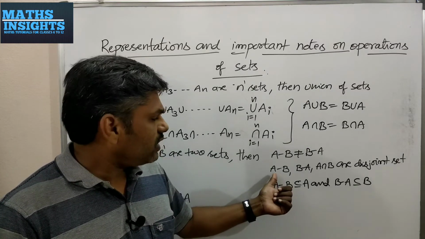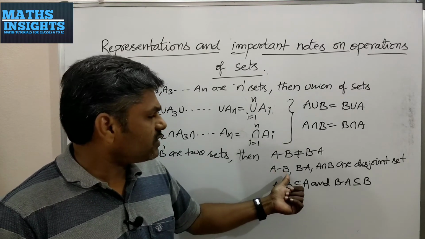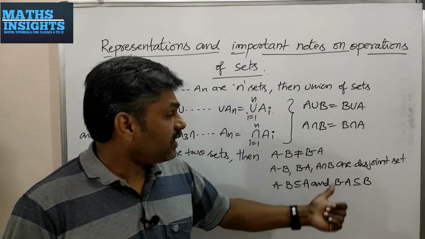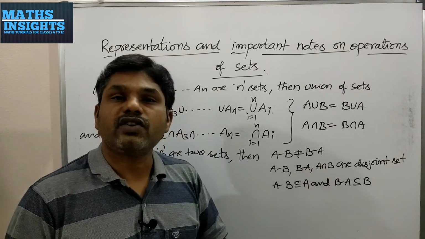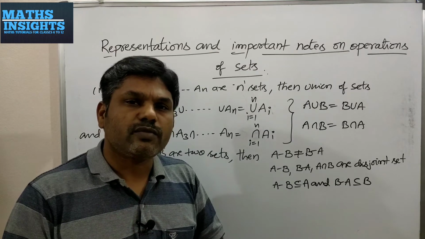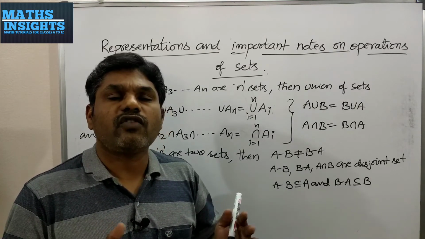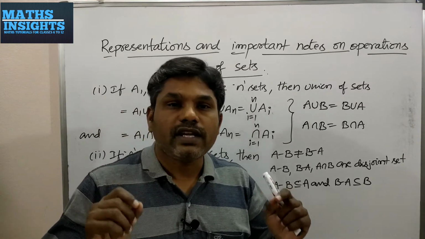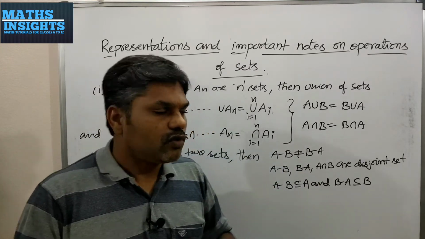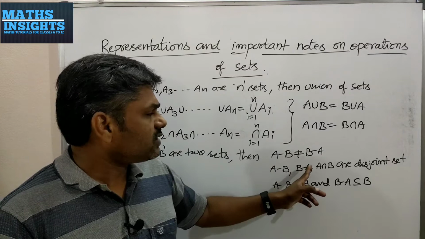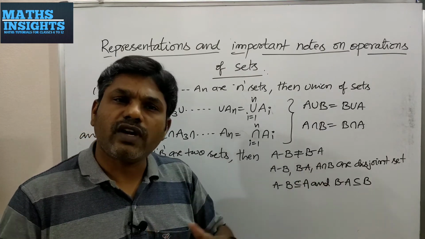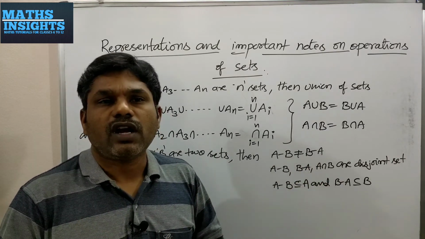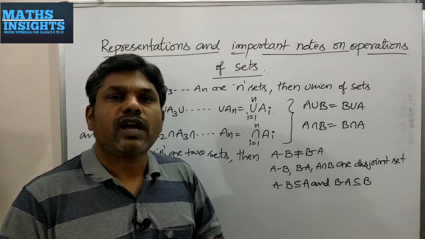So I am going to say in the next point, A minus B, B minus A and A intersection B are disjoint sets. Disjoint means they should not have any common elements in them. So A minus B, B minus A and A intersection B are different. They do not have even one element in common.